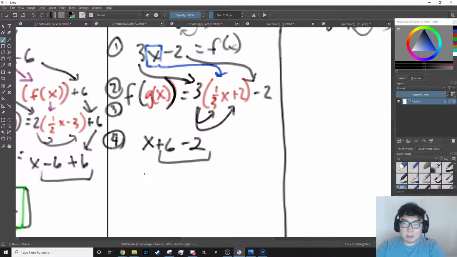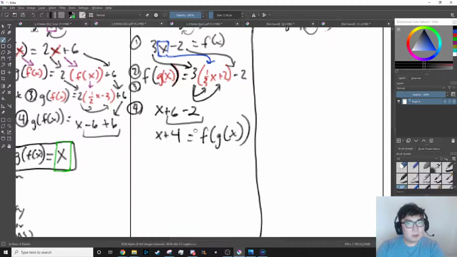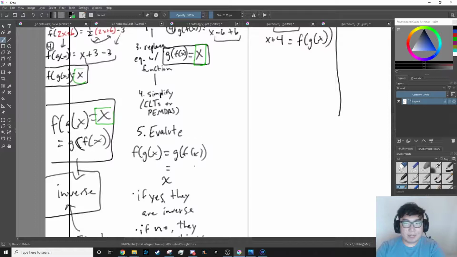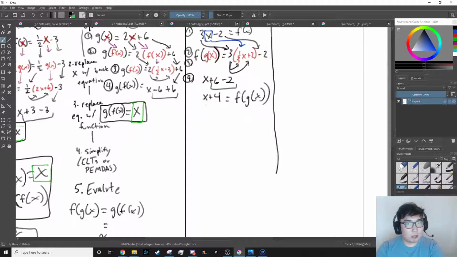So this comes out to be x plus 4 as my final answer, which is equal to f of g of x. If I already know step 5, I know that it has to equal x, but my final answer is equal to x plus 4.